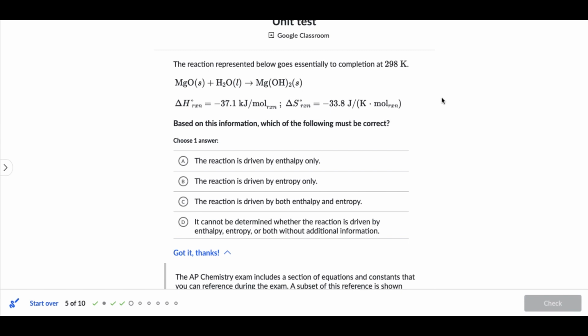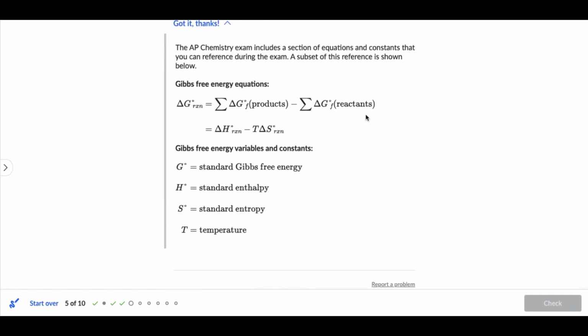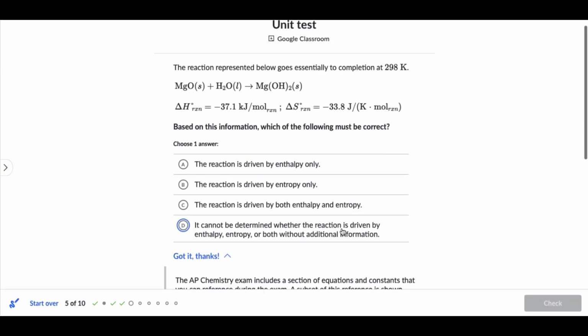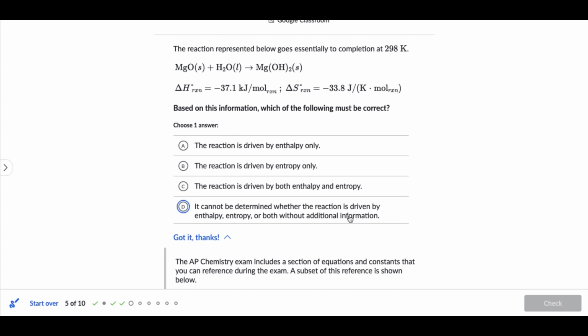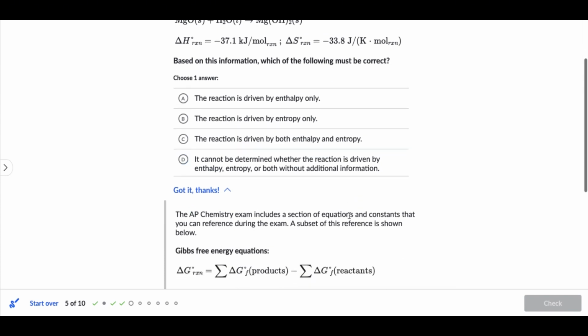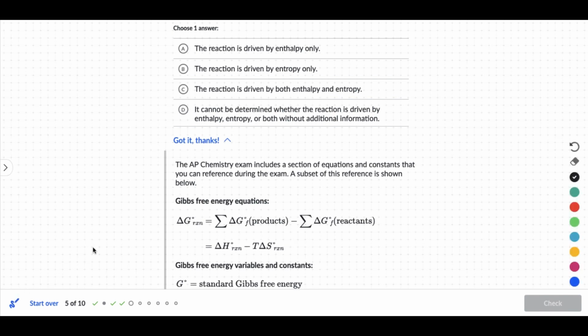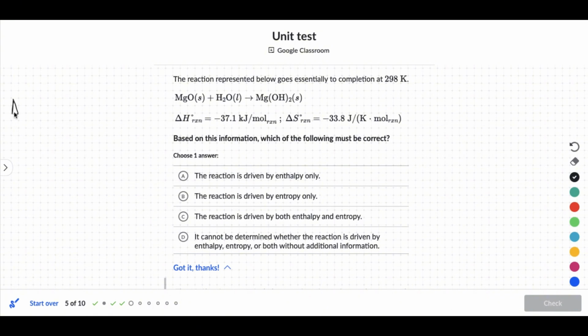So the reaction is driven. So here we need to find the Gibbs free energy in order to find if the reaction is thermodynamically favored.